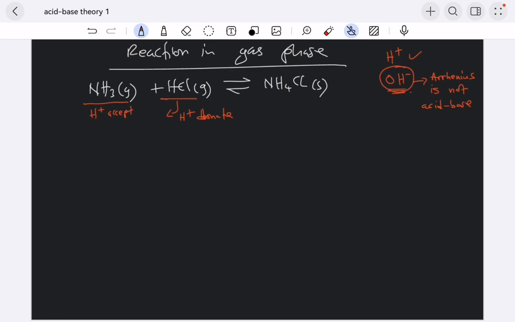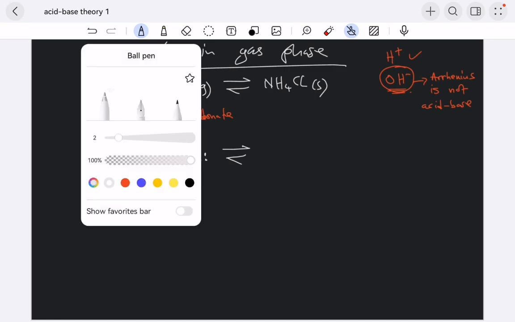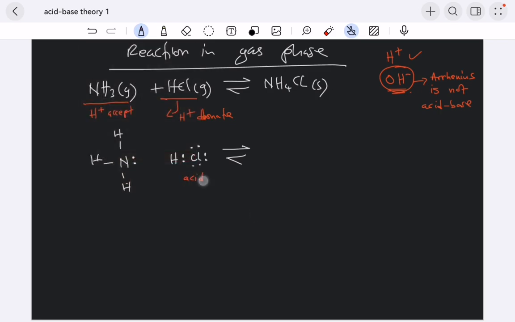So what does this simply mean? If we look at it visually, we are looking at something like this. This is ammonia. Then we have this. To demonstrate the Bronsted-Lowry, this is an acid, then this is a base. The acid will donate the proton, so the acid will donate this proton that will come here.